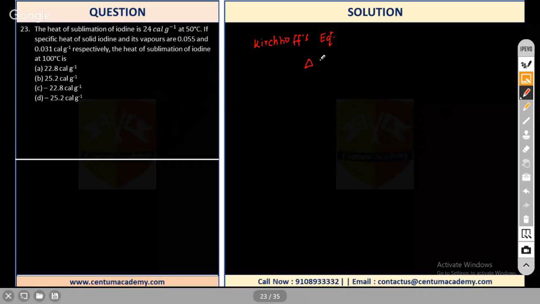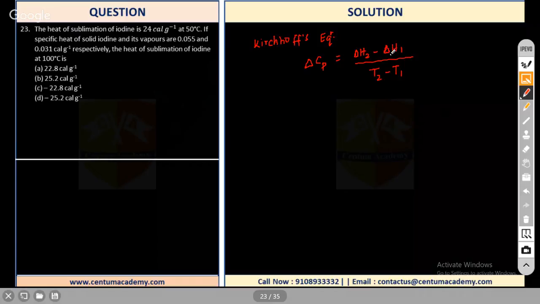specific heat, delta Cp, is equal to delta H2 minus delta H1 divided by T2 minus T1. Delta H2 is the enthalpy change at temperature T2. Delta H1 is the enthalpy change at temperature T1.